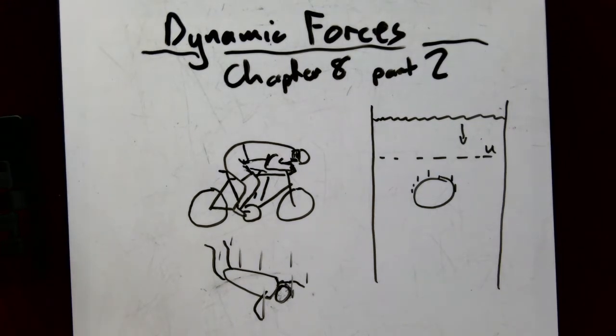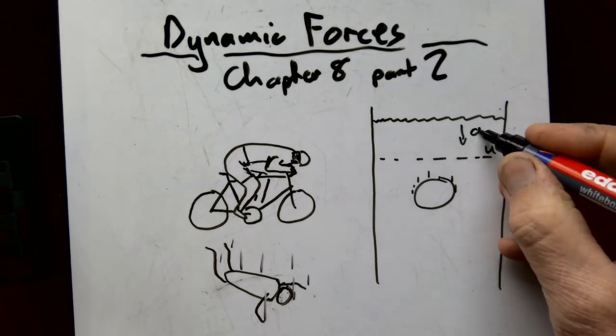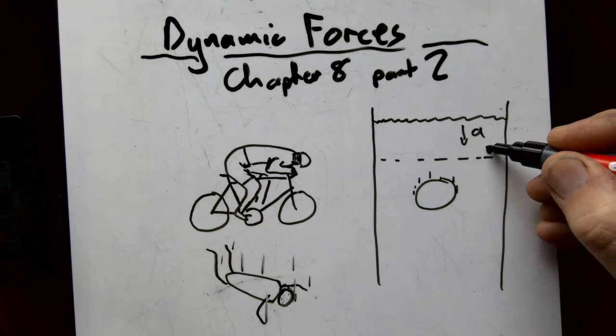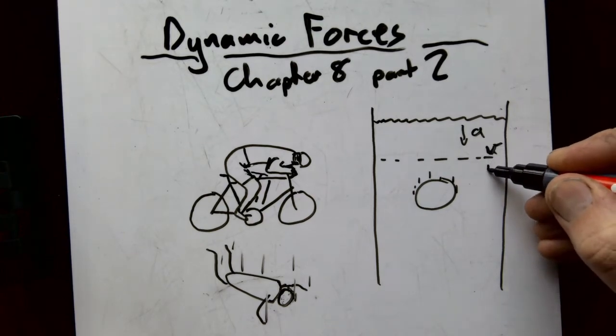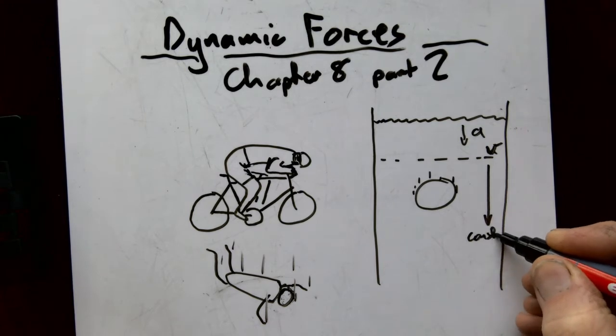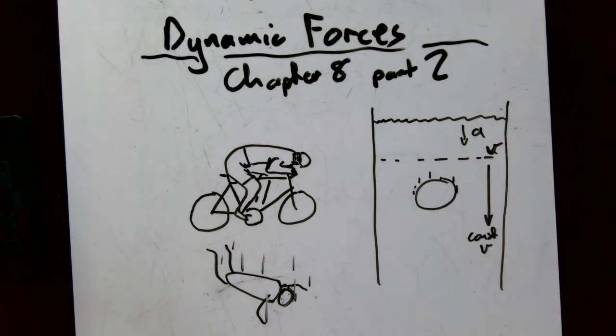Okay, so that will give you your vertical velocity once it's finished that acceleration stage. So acceleration, and then, sorry, I suppose that should be a V, that is a nice constant velocity. Okay, so it can be found like that.